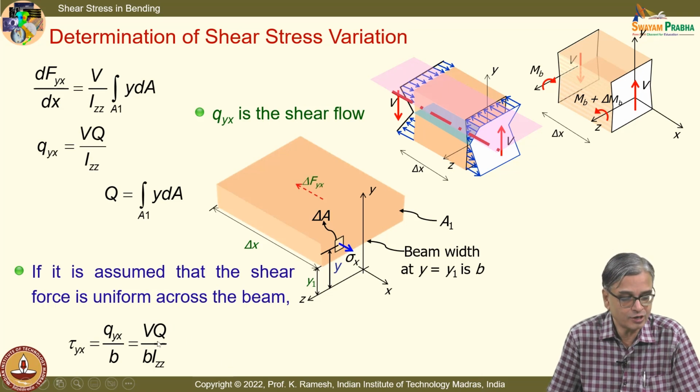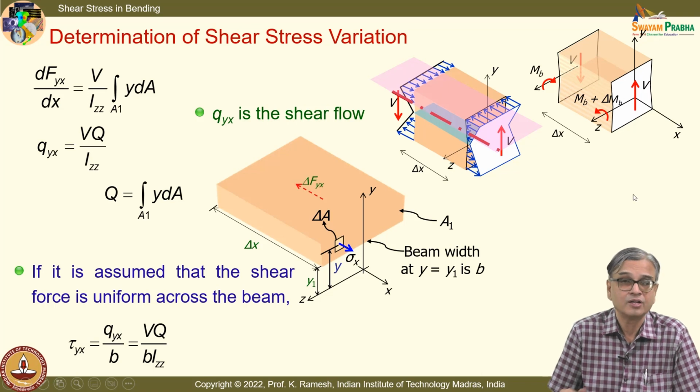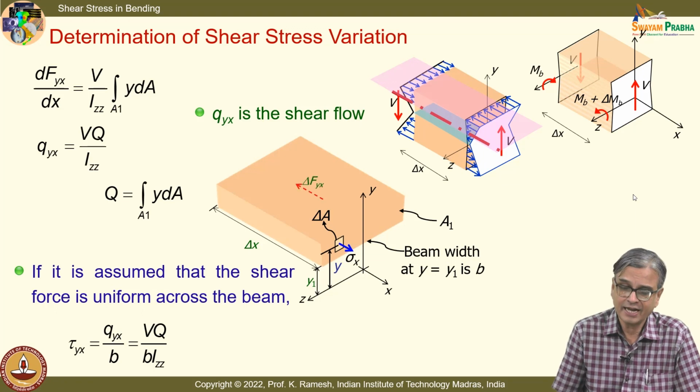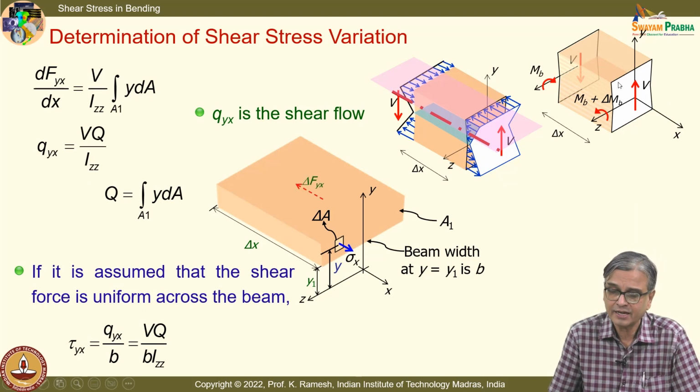And you should understand the symbolism. Q is integral A1 y dA. Suppose I want to find out the variation of shear stress over the depth of the cross section, I must write the expression for a generic cross section and integrate it over the entire section.